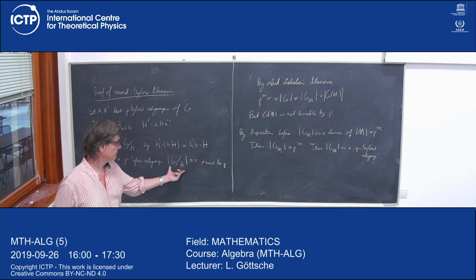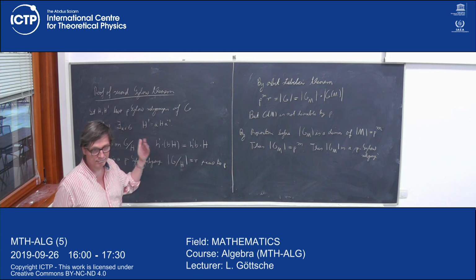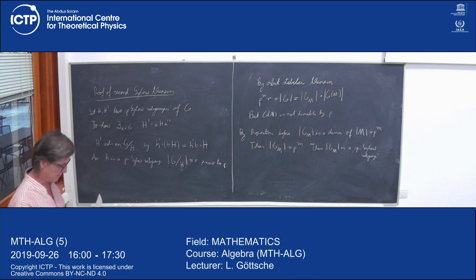And so if this number is prime to P, then at least one of the orbits must have number of elements prime to P.